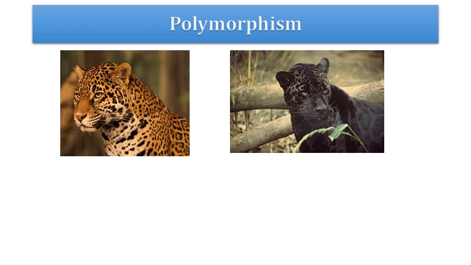Polymorphism is a phenomenon that may cause differences in drug metabolism. You can see here in these two pictures a jaguar, both of which are biologically similar, but they show differences in shape. The same can apply to the metabolic activity of enzymes.